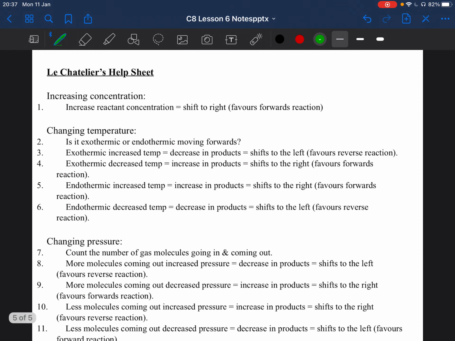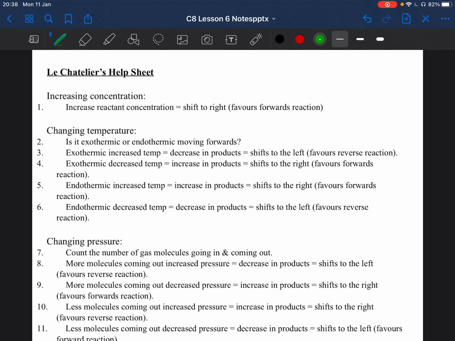So this last slide in the video, I'm going to leave up for a little while and just talk to you, because this is a help sheet that I wrote for a class a couple of years ago and it works really well helping people while they're answering exam questions. Please feel free to take a screenshot of this if you want to. It will help you work out what's going on in an exam question.